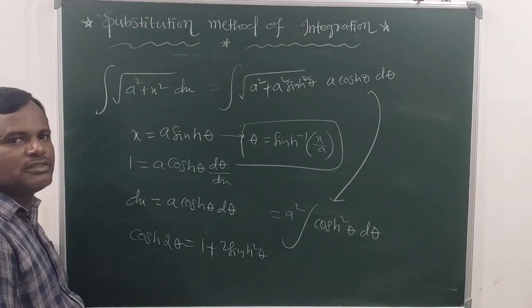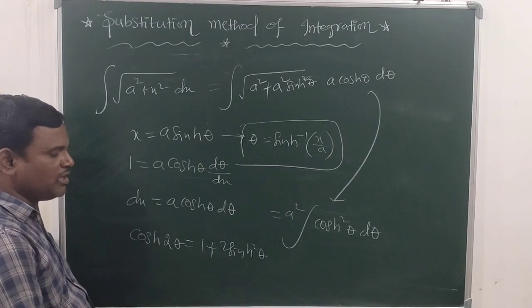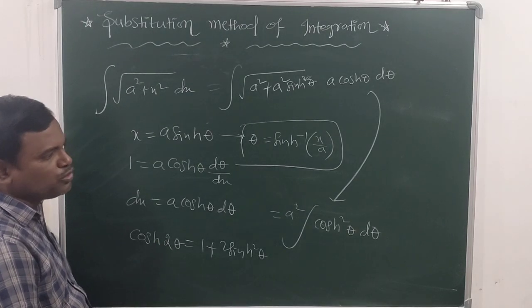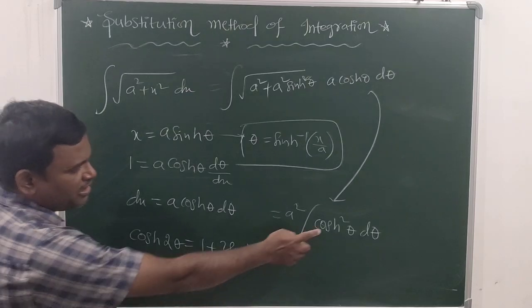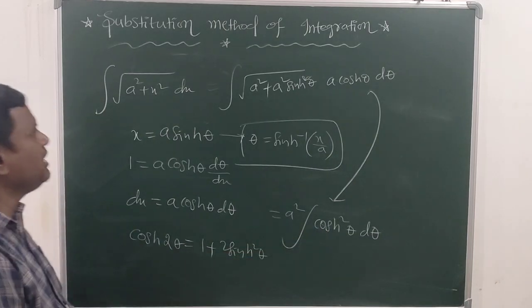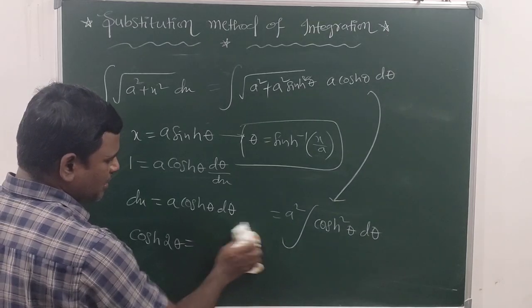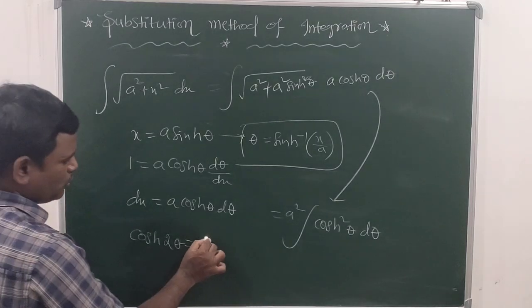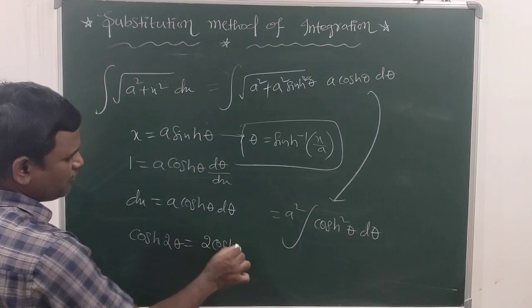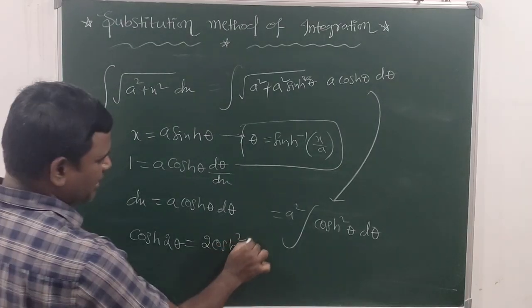Am I right, students? But here we have cosh square theta, yes. We want this result in terms of cosh theta. So in terms of cosh theta, 2 cosh square theta minus 1.